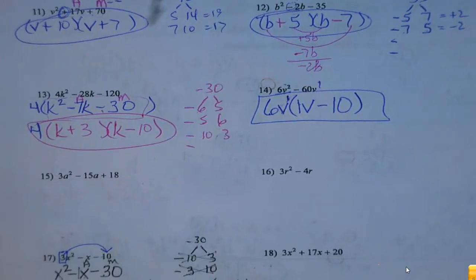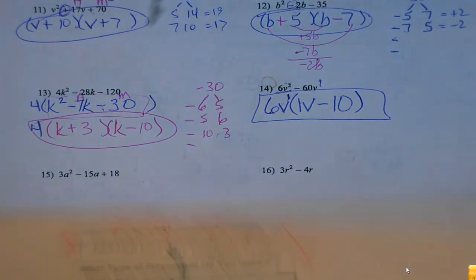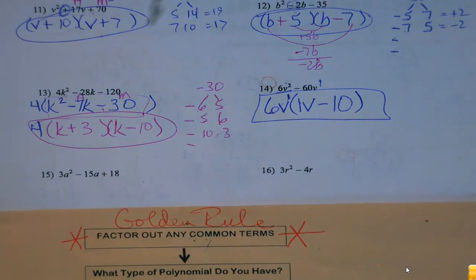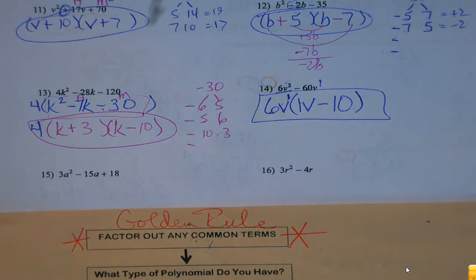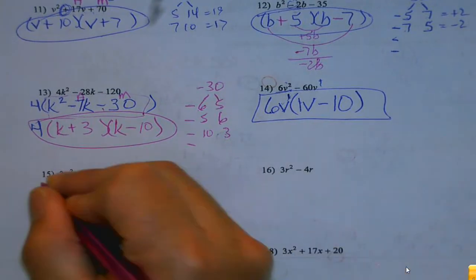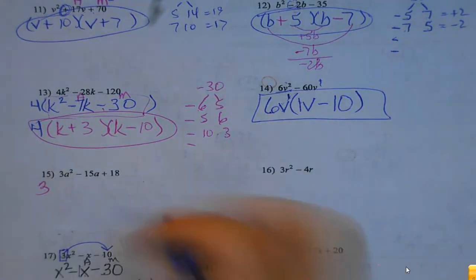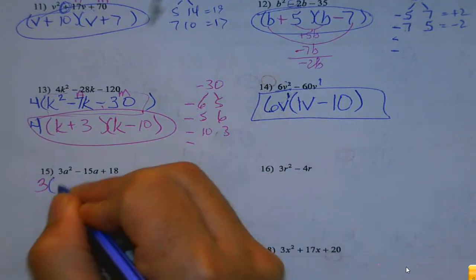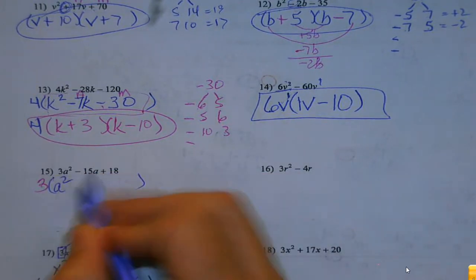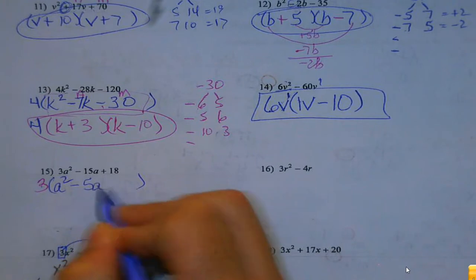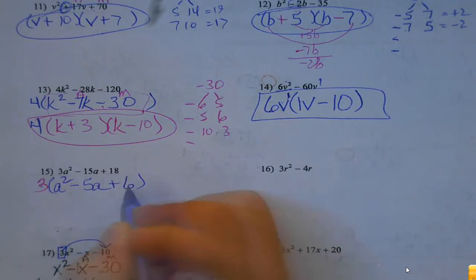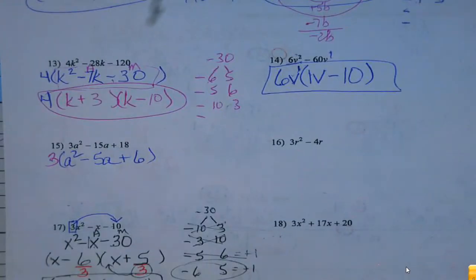Okay, 15. All right, 15. Is there anything taking out of all three things? 3. I'm going to save myself a bunch of time again. Because this time, if I divide through by 3, we're back into a diamond problem mode again.